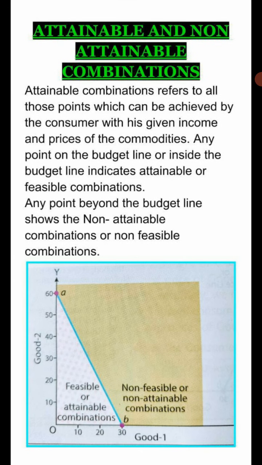Now the last topic of today's lecture is the attainable and non-attainable combinations of the budget line. Attainable means feasible, that is possible. Non-attainable means which is impossible.